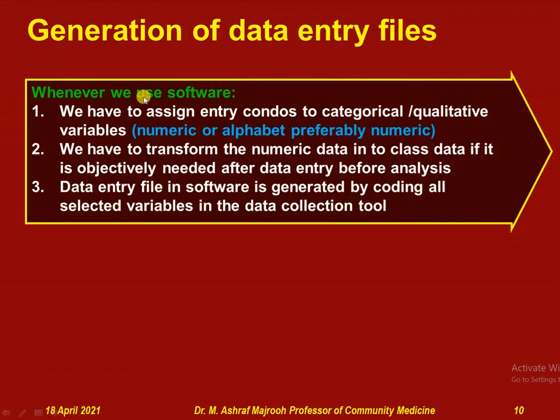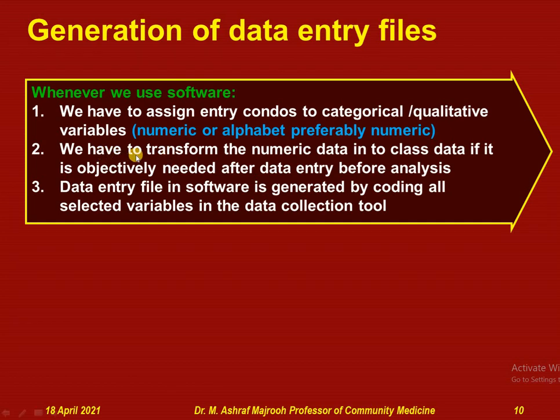So let's move to the next step, the generation of data entry files. Once the software is selected, then the data entry files are generated according to the selected software. We have to assign entry codes to categorical or qualitative variables. The codes may be numeric or alphabets. Preferably, the numeric codes are preferred because they can be easily entered through the key numpad.